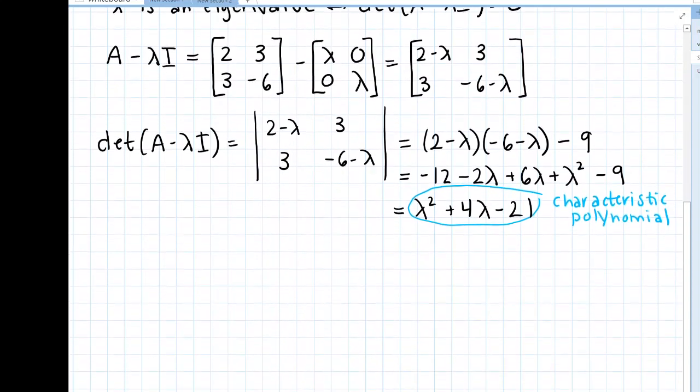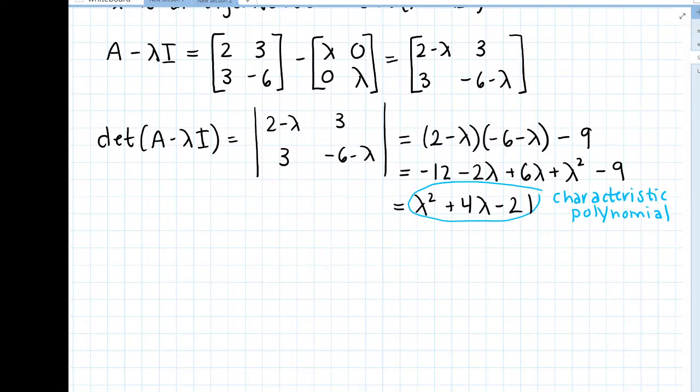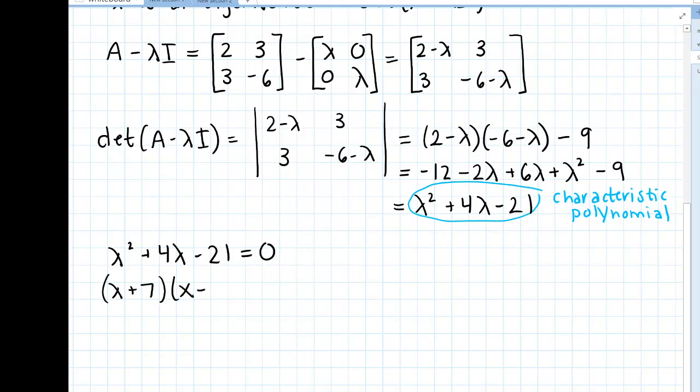So once you have the characteristic polynomial, then you can set that equal to 0, because we want the determinant to equal 0. So we can say lambda squared plus 4 lambda minus 21 is equal to 0. And then we factor this. So we can do lambda plus 7 and lambda minus 3 is equal to 0.